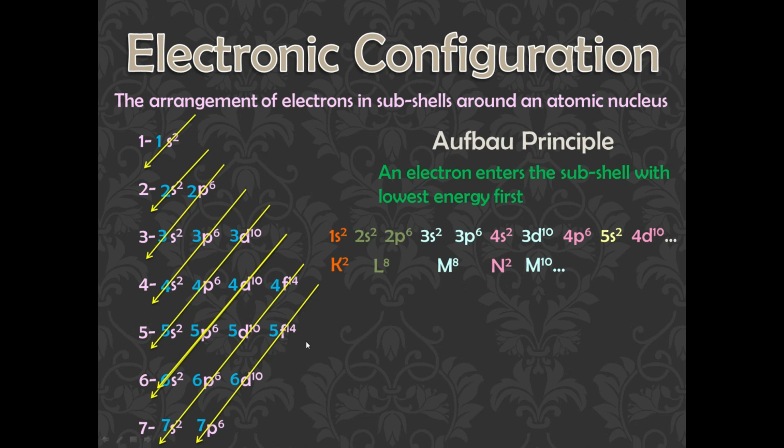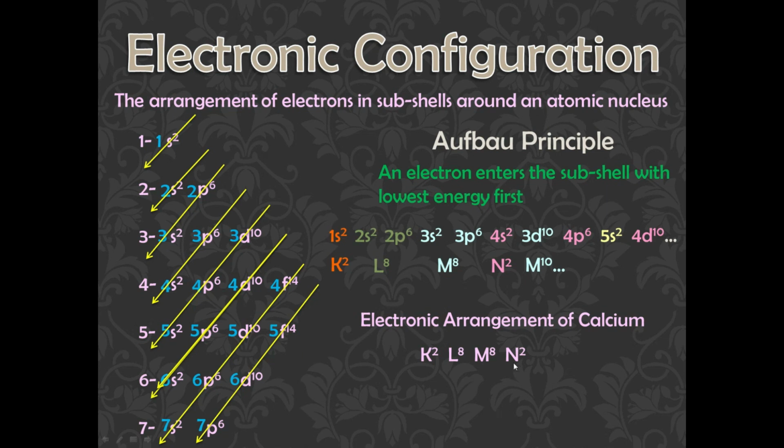In my last video, I have told you about electronic arrangement. So let's write electronic arrangement of calcium, which is having 20 electrons. 2 electrons will be filled in its K shell, then 8 in L shell, then 8 in M shell, and 2 in N shell. So electronic arrangement will be K2, L8, M8 and N2.